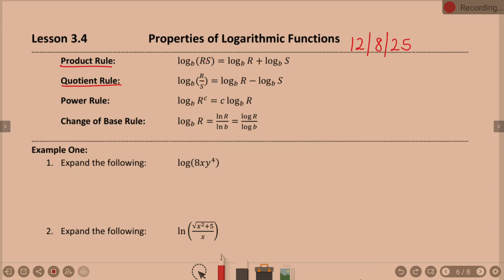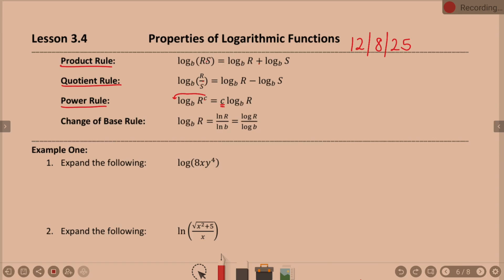Okay. We have the power rule. The power rule says if you have something such as log base b of r to the c, that c value, that exponent or that power, can move out front. So that c there becomes this c here.